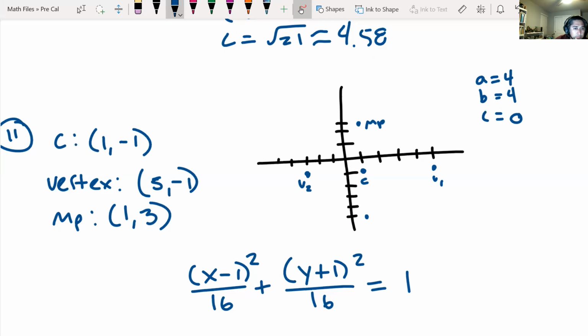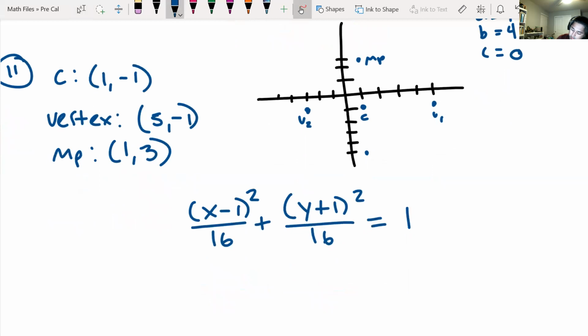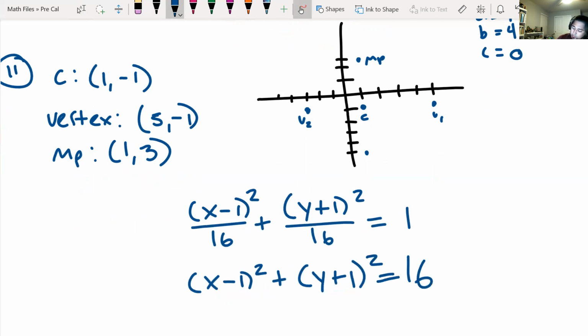Never mind. Yeah, because you could rewrite this as x minus 1 squared plus y plus 1 squared equal to 16.